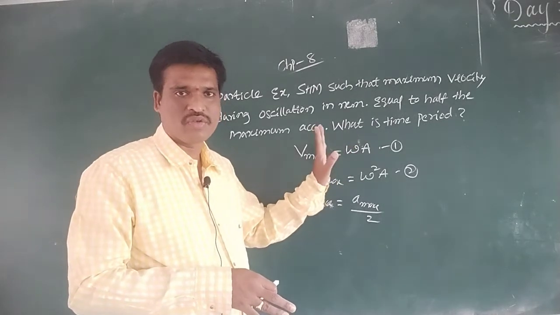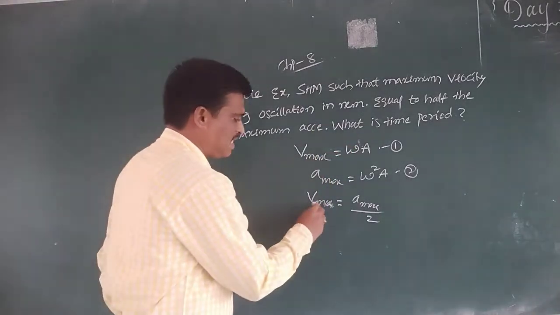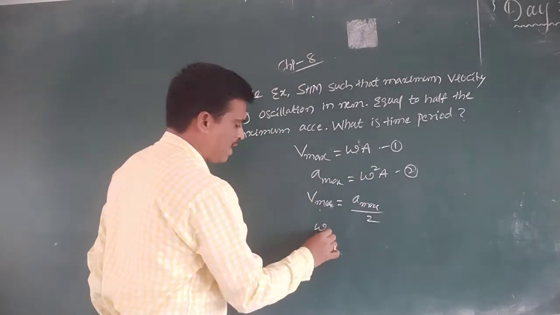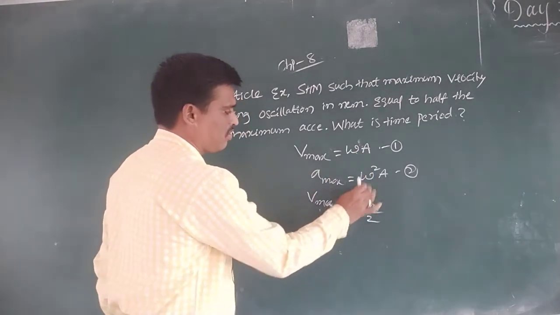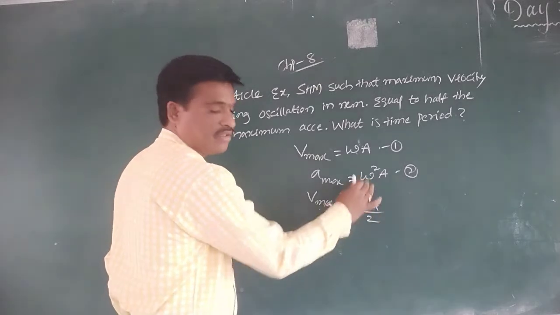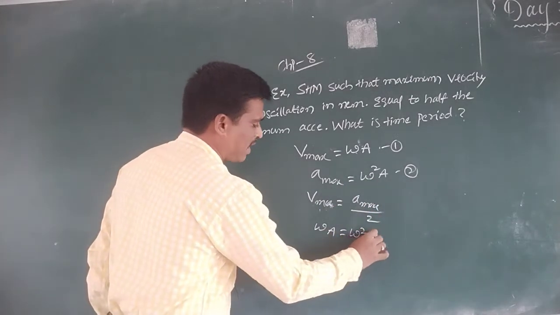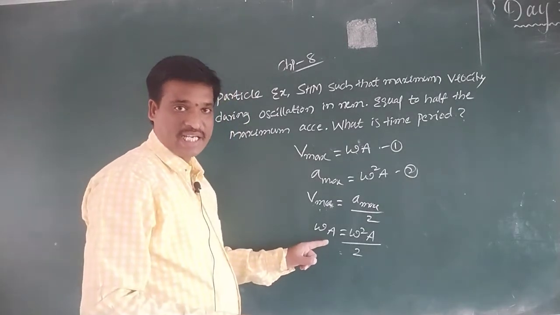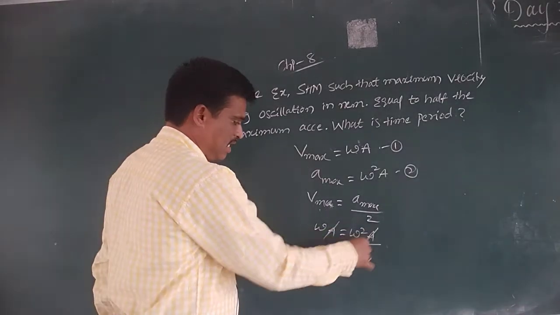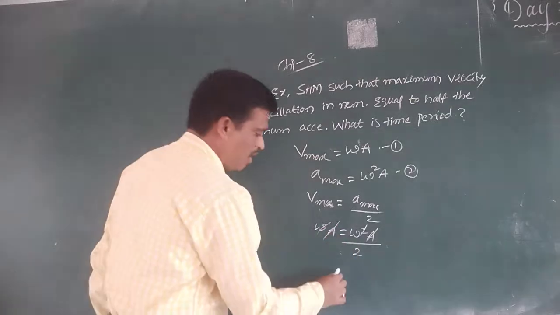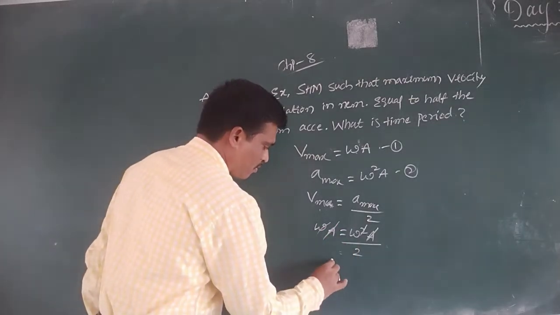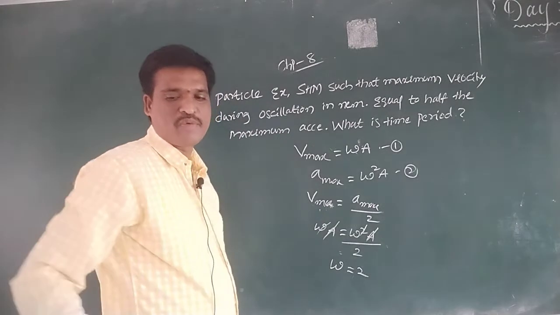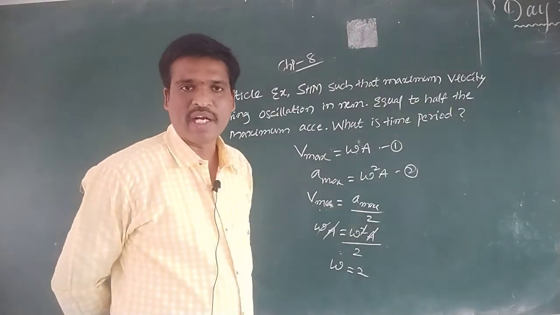No doubt. Now see, what is the maximum velocity formula? Omega a, that is equal to omega square a by 2. Here which ones are cancelled? A cancels, omega cancels. Now omega is equal to how much? 2 radian per second.